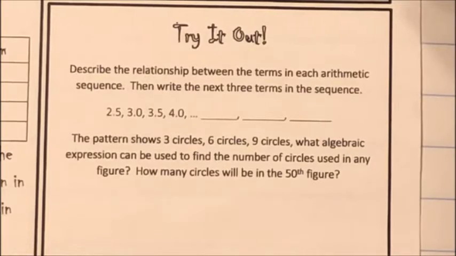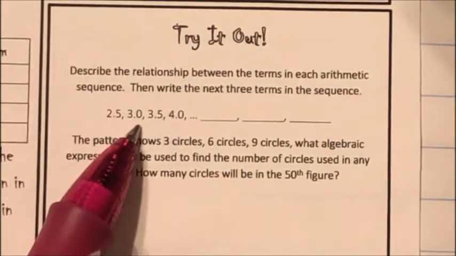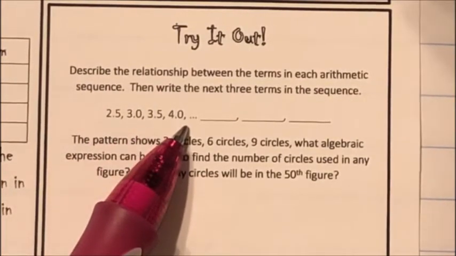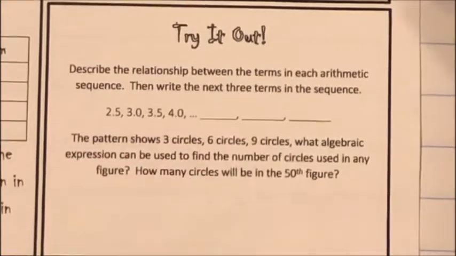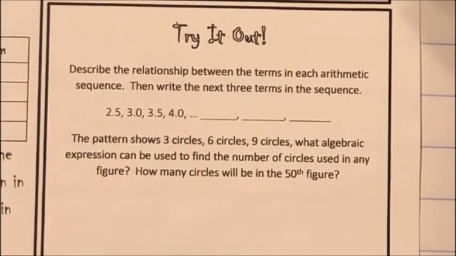Okay. So describe the relationship between the terms in each arithmetic sequence. Then write the next 3 terms in the sequence. So the sequence is 2.5, 3.0, 3.5, 4.0, and so on. So I have to write the next 3 terms.